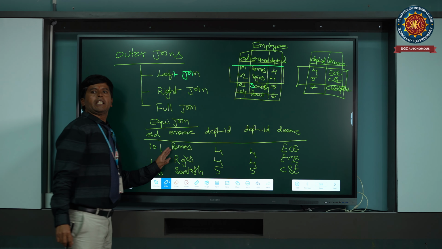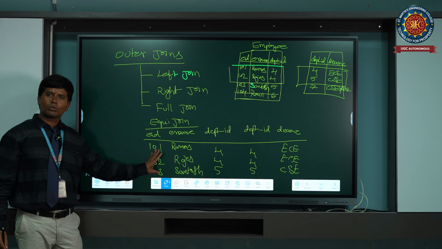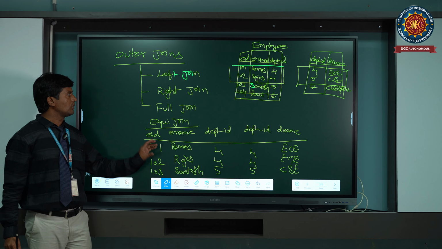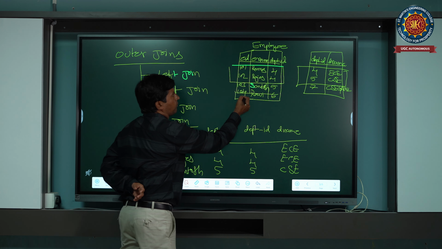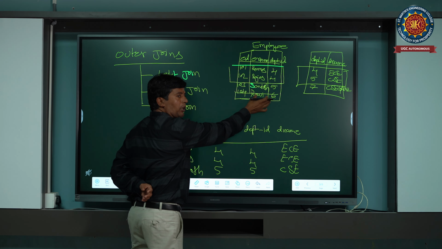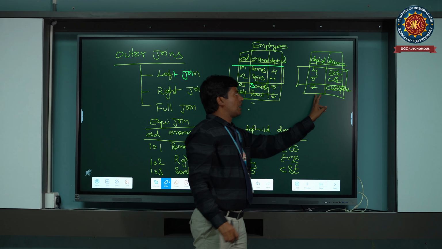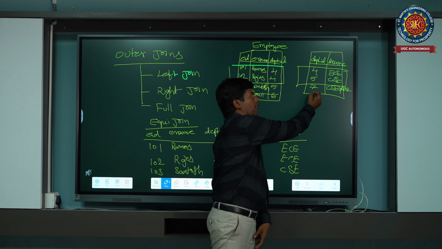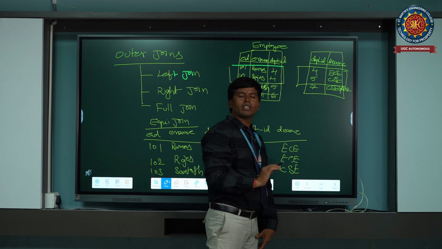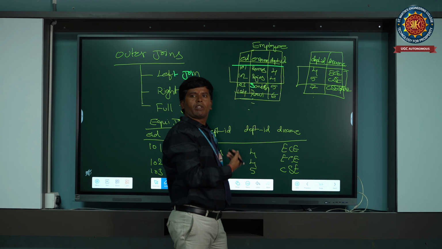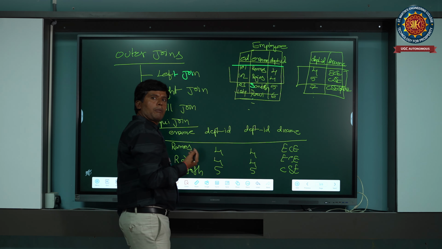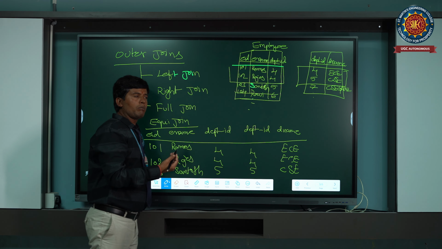Like that, with equijoin, we are going to select only these 3 records. So in that case, you are missing the data: the record 104, Ravi, department 6 is not selected. From the department table, the record 7, CSE AIML department name is not observed in the equijoin. Instead of that, I am not ready to miss the data from the left side table.